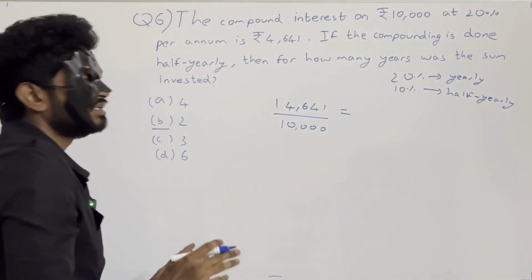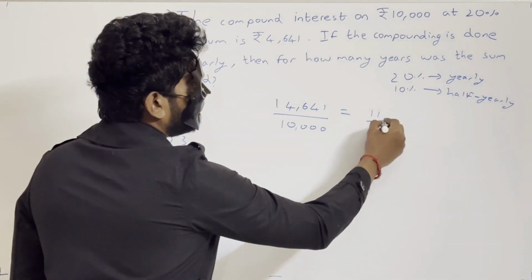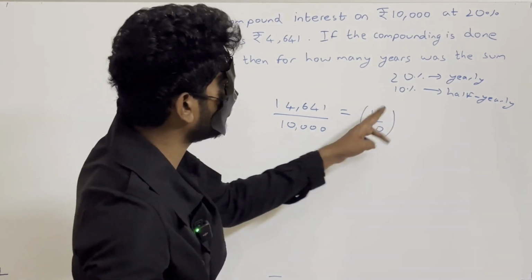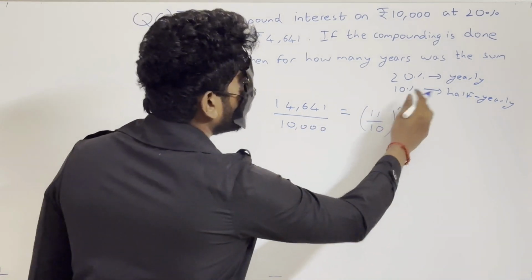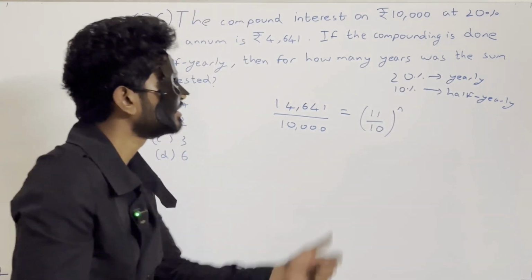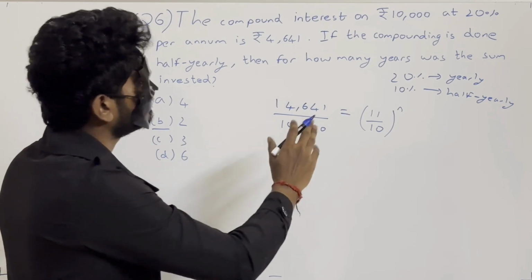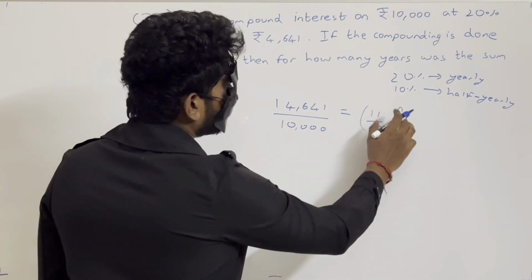So now this is 11 by 10, right? Because this will be 10%. 11 by 10 power n, because half yearly it will be 10%. So 11 by 10 power n, you can see, is 11 power 4.